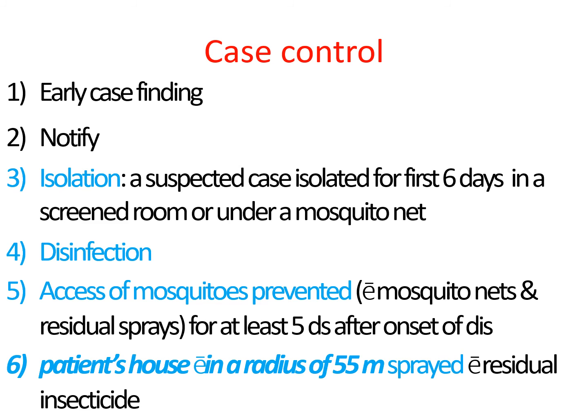The patient's house within a radius of 55 meters is sprayed with residual insecticide. The house itself and around it within a radius of 55 meters are insecticized.